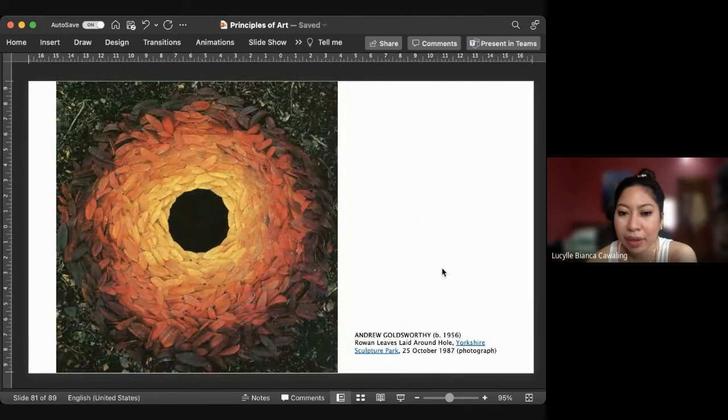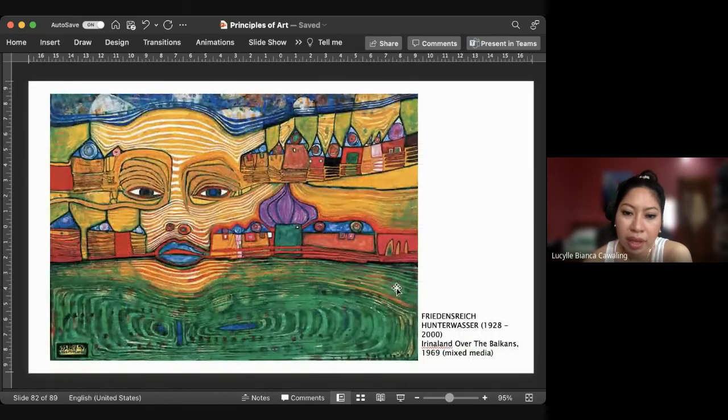And another one by Andy Goldsworthy, Rowan Leaves Laid Around a Hole. This is located in Yorkshire Sculpture Park on 25th October 1987. And then another one by Friedensreich Hundertwasser.